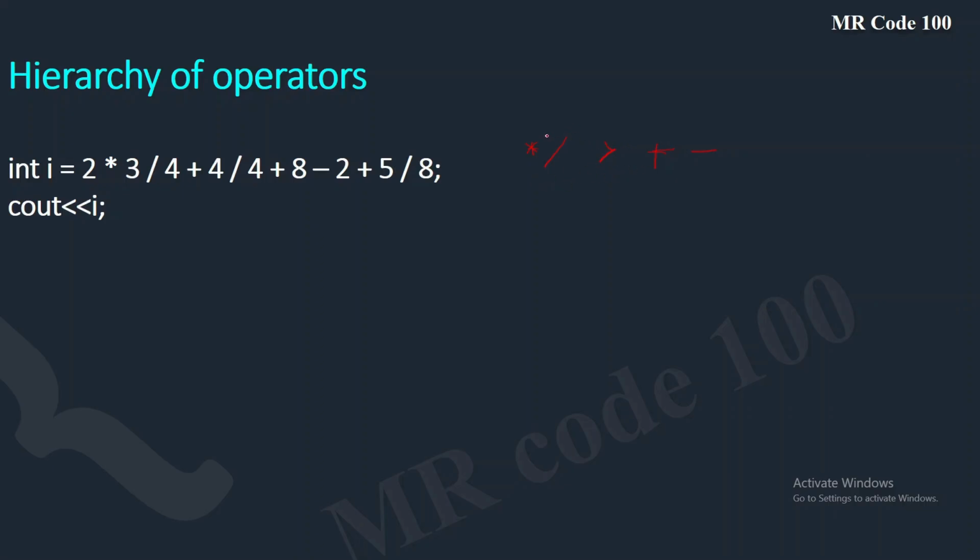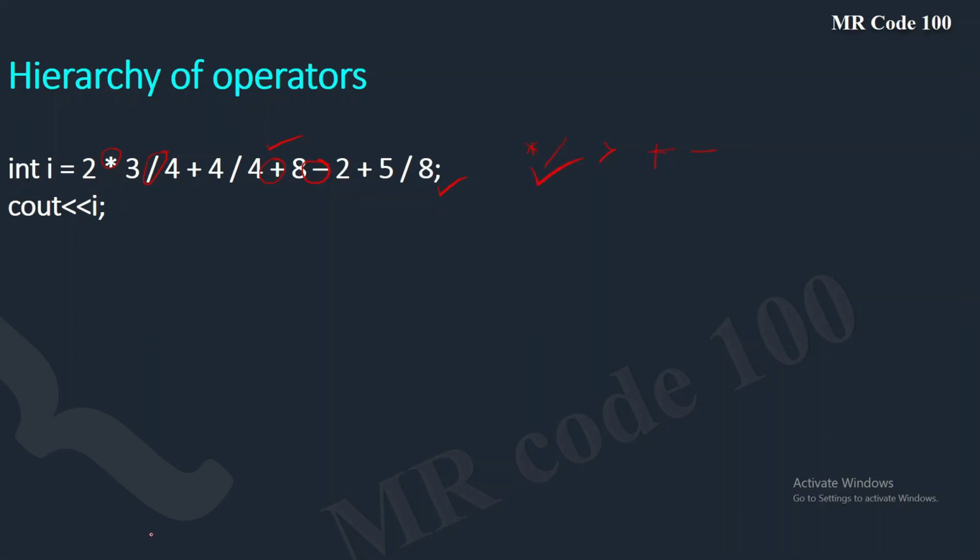If you have a math expression like this, with multiple operators like division, plus, minus and all that, you should ask, Apu, where should I start calculating from? Then you need the hierarchy.